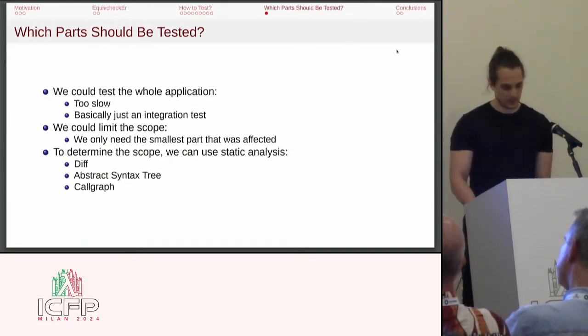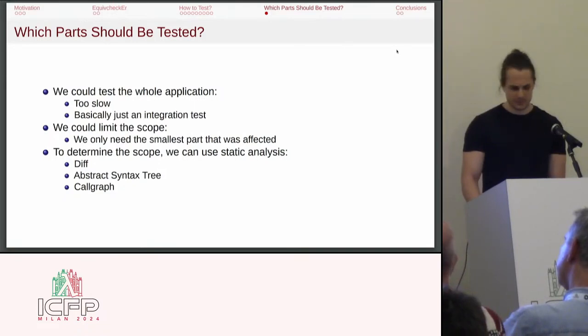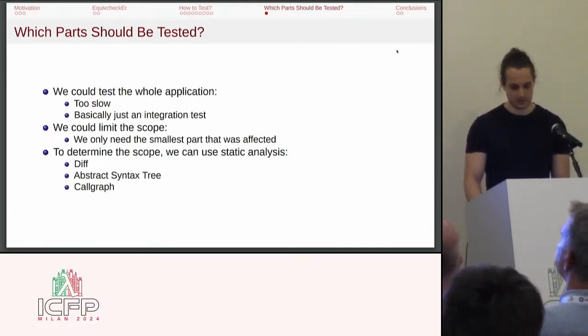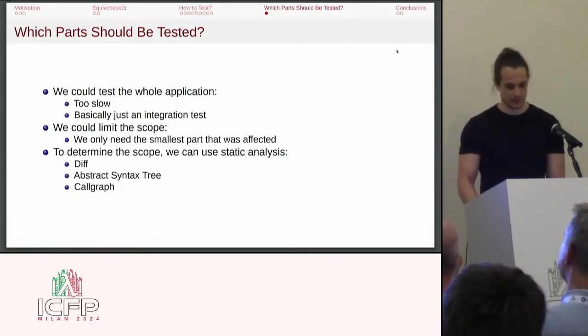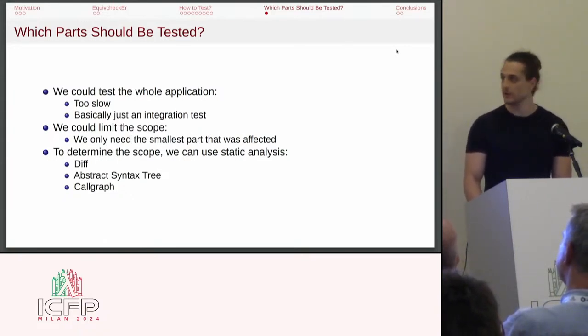We also had to think about which parts of the application should be tested. The naive solution would be to test the whole application with randomly generated input, but that would be too slow, especially with larger code bases.